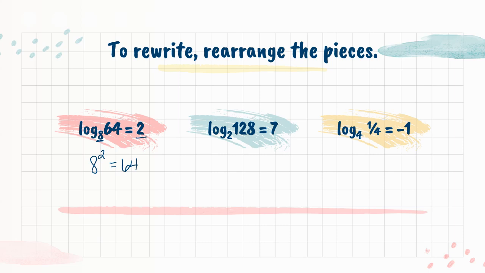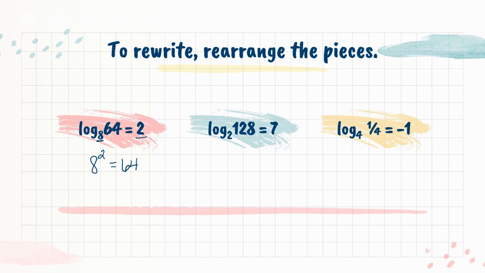Now, an easy way to check this, guys: 8 squared is equal to 64. If you didn't get the pieces in the right spots, you would get an incorrect exponential function. You might get 2 to the 4th is 97. That's not a true statement, okay? So when you're rearranging, your expression that you get should be a true expression.